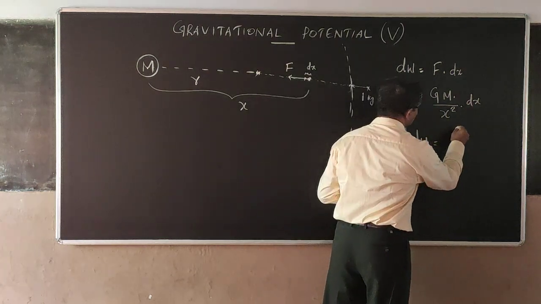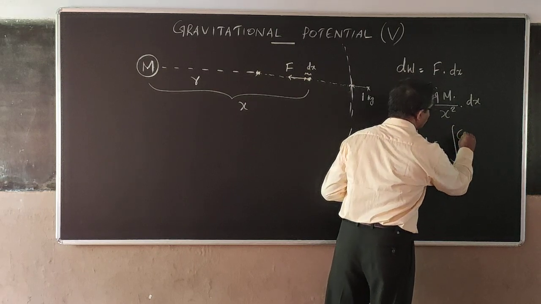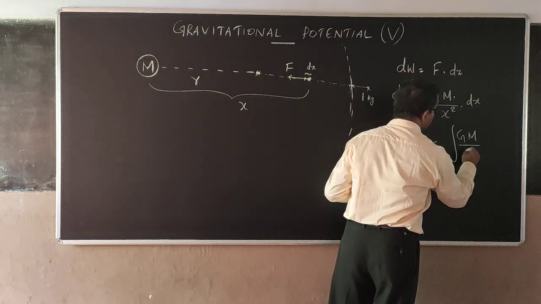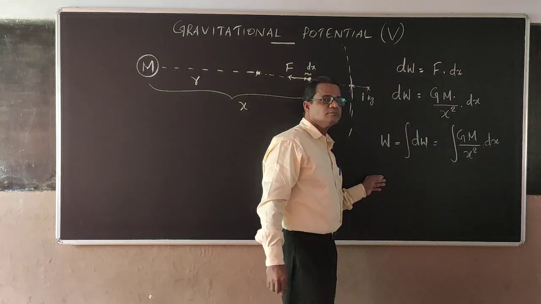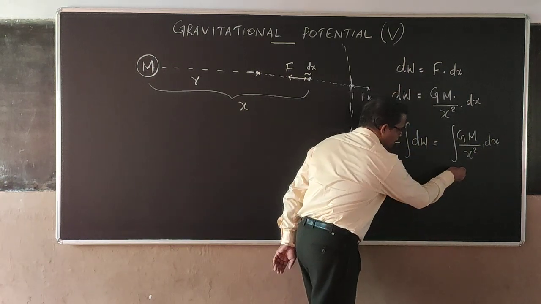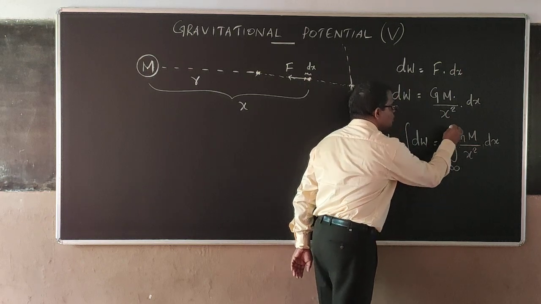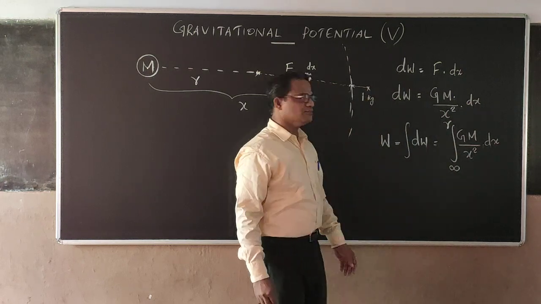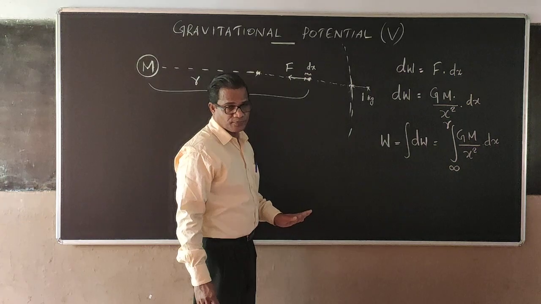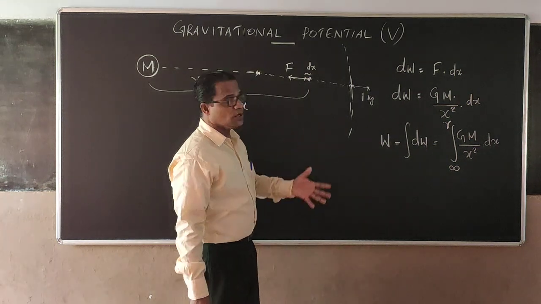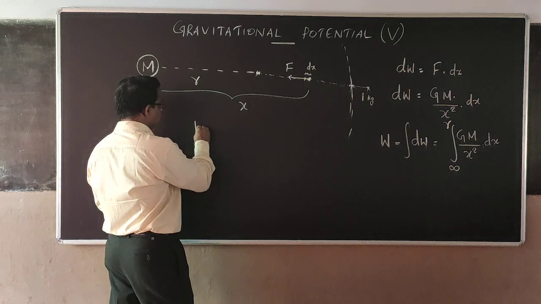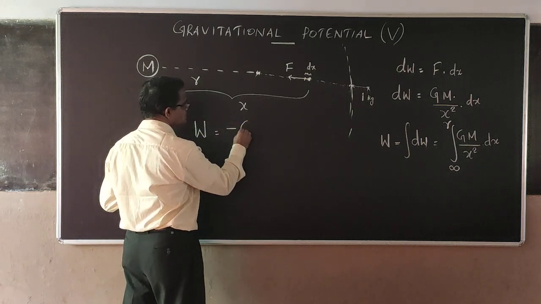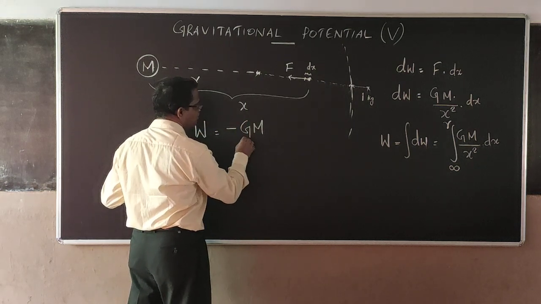So that will be equal to the integral of capital G into M divided by x square into dx, from infinity to the distance r. This is what it is. Now by applying the integration identity, you finally get that W will be equal to minus GM by r.